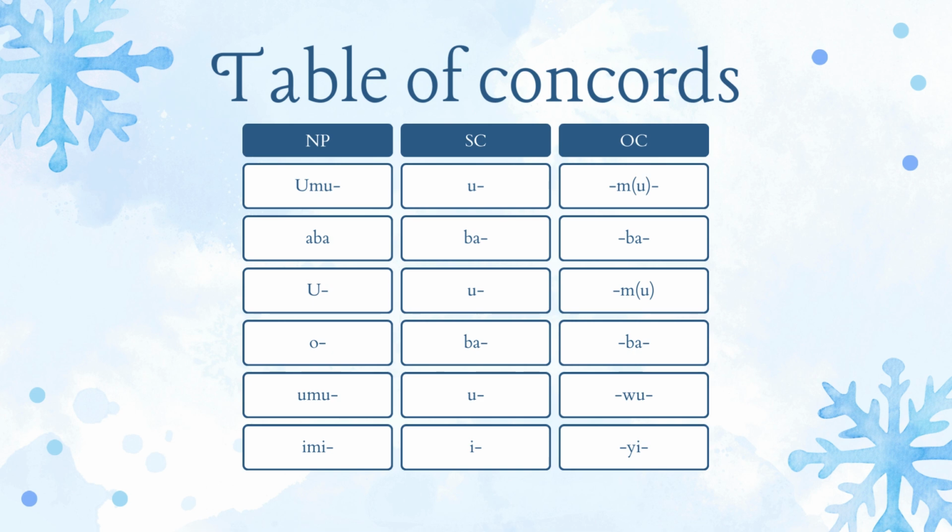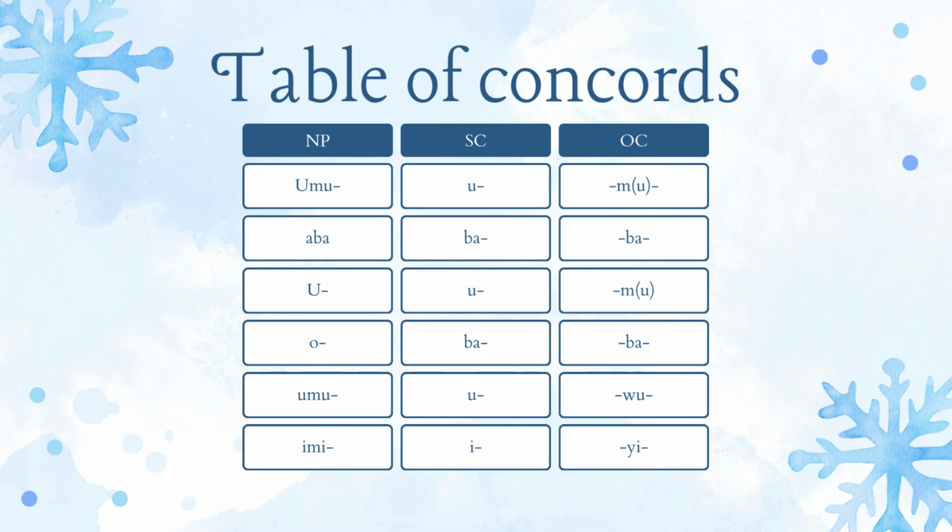All right, so the first one, umu: the prefix is umu, the subject concord is u, and the object concord is mu. You use m alone or you use mu.